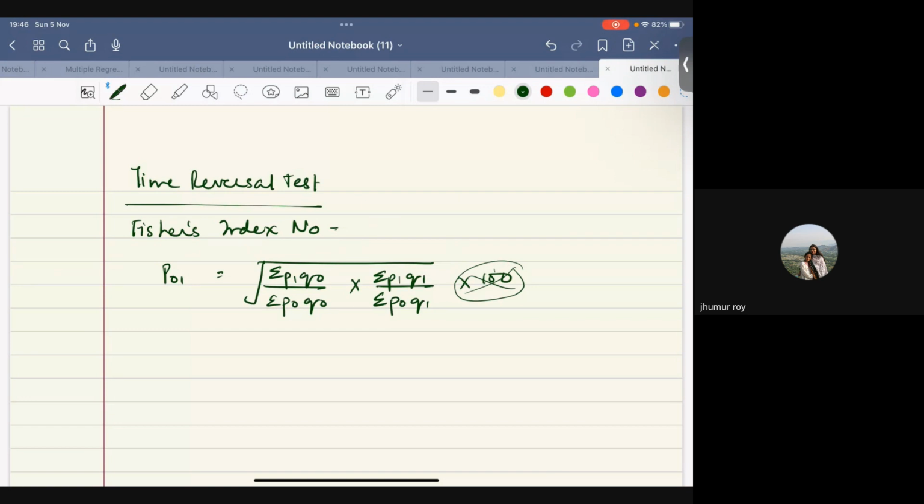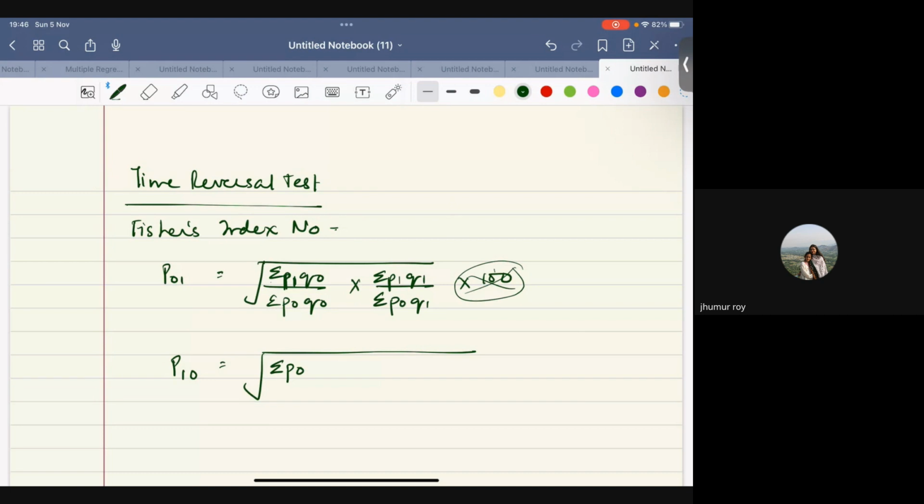Now what I have to do is interchange the time. Wherever I have written P1, I will write P0, and wherever I have written P0, I will write P1. Over here, the first value is sigma P1 Q0. So instead of writing P1, now I will write sigma P0.